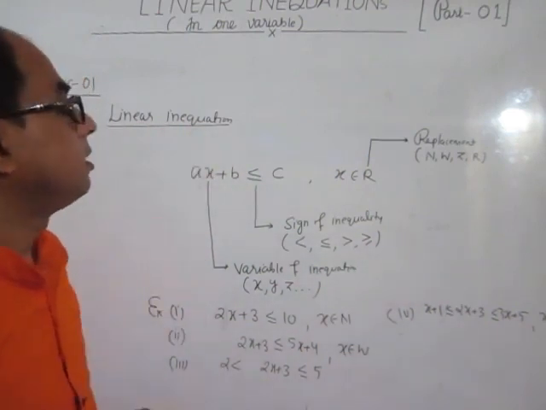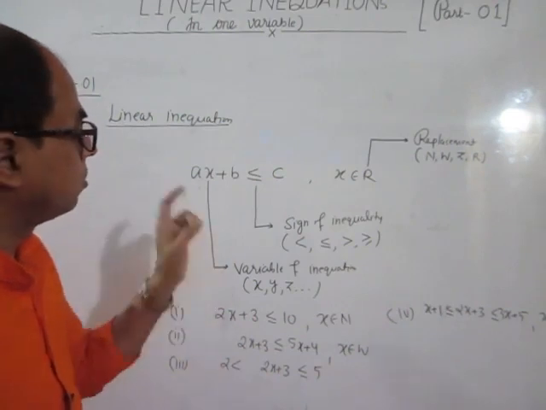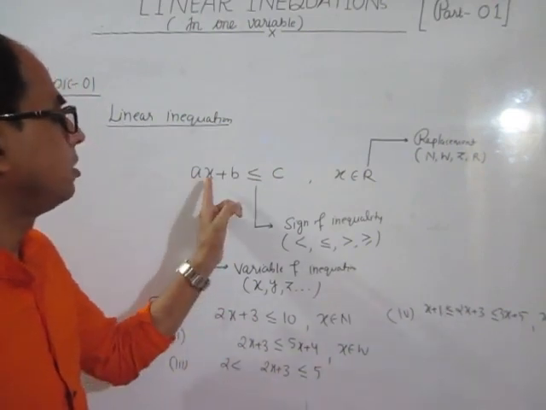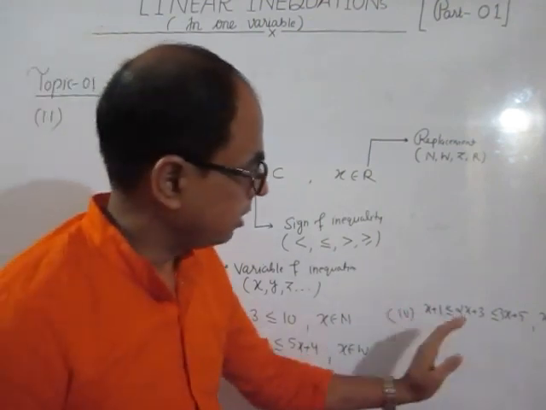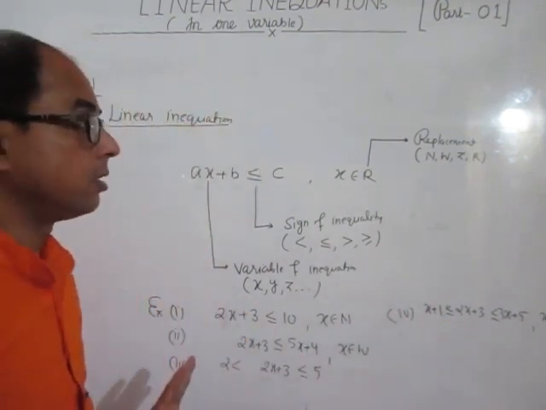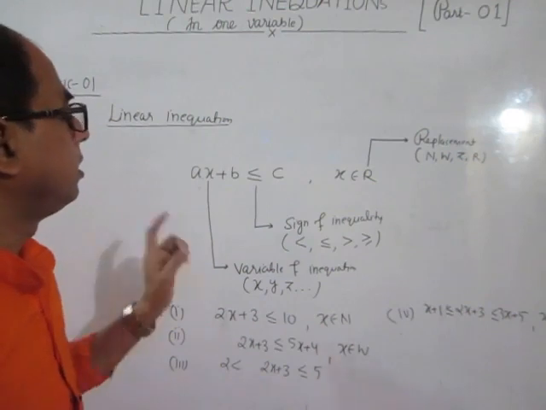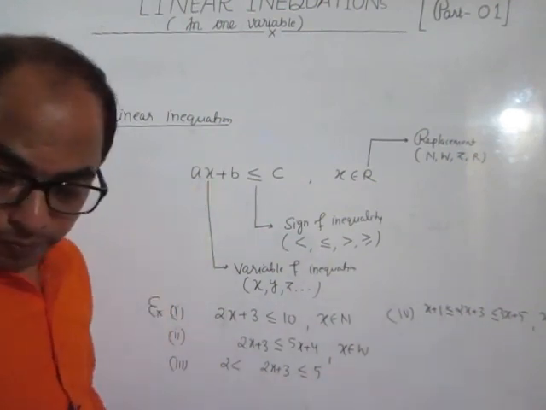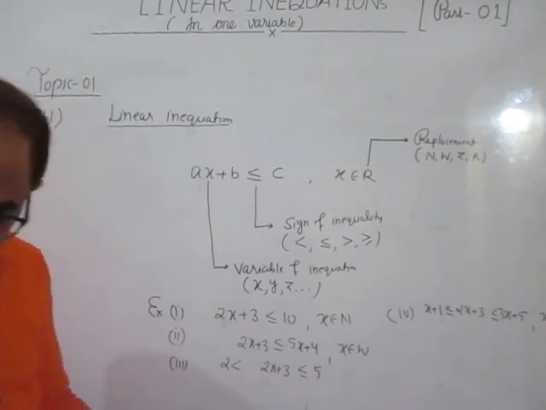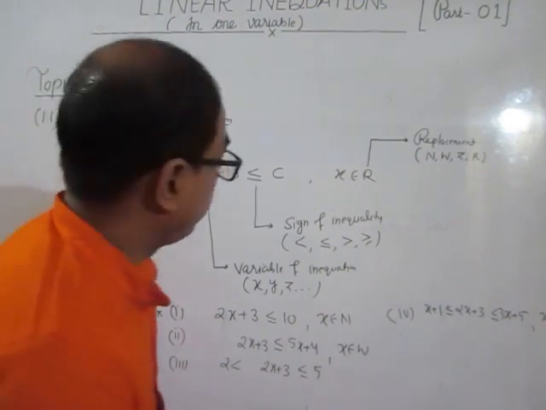It is linear inequation in one variable. Why? Because only one variable is present in this inequation. In all these inequations you can see only one variable x is present, and that's why it is called linear inequation in one variable. So have you got the meaning of linear inequation in one variable?